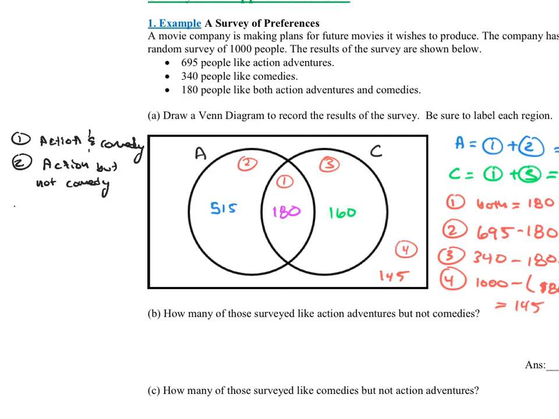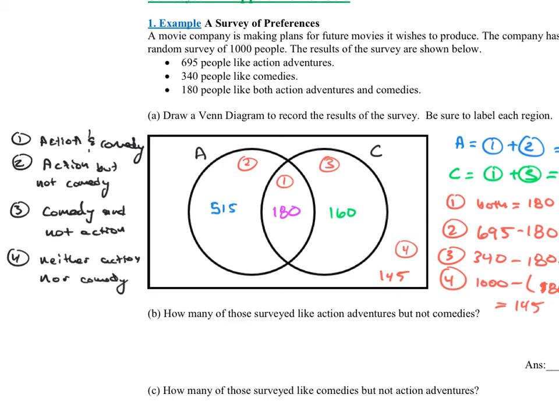If I said region 3, that would be those that do like comedy and not action. And then region 4 would be people who like neither action nor comedy.